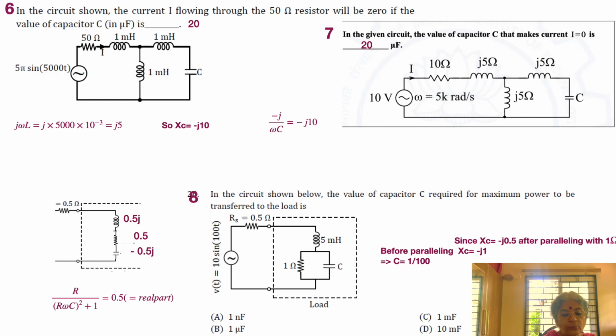Or in other words, you had better realize that since the input resistance is 0.5 ohms, and then you are having 5 millihenry there, or 5 into 100, or 0.5J inductance there, then the resistance and the capacitance together should create a complex conjugate impedance in series, such that maximum power transfer theorem can be satisfied. Okay, so that's what is shown here.